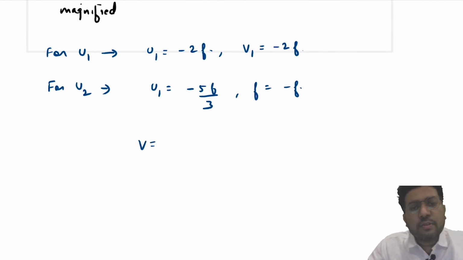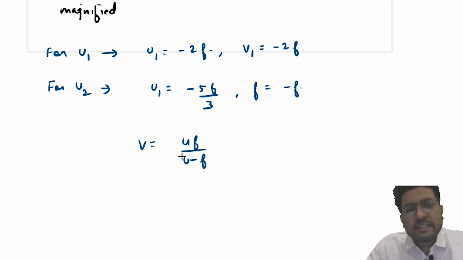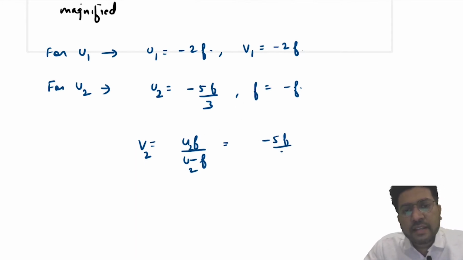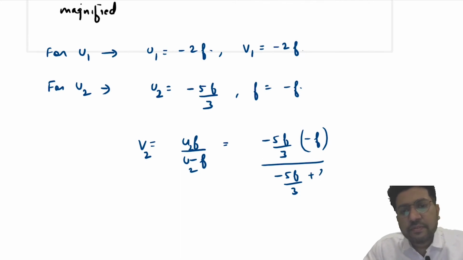Then v = uf/(u - f), that is v2, and that will be equal to, so this is u2, right? So u2 is -5f/3 into -f divided by u2, again -5f/3 minus of -f, that is plus f, right?